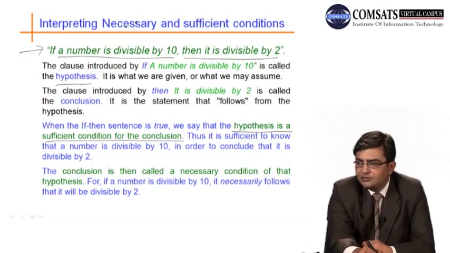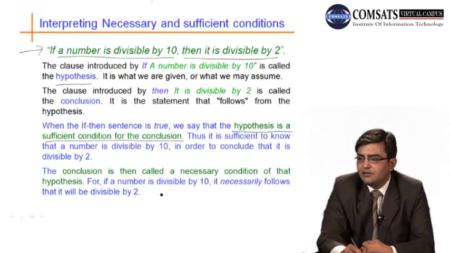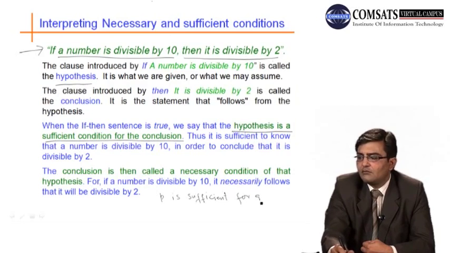Or, as I have told you, we can write that P is sufficient for Q. This is the hypothesis, and the hypothesis is a sufficient condition for the conclusion.